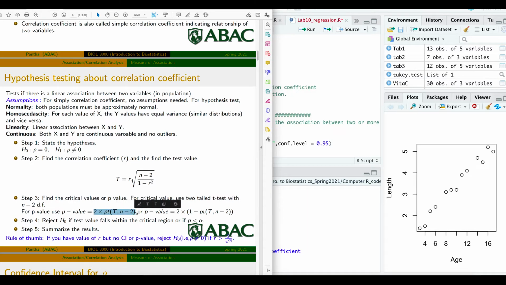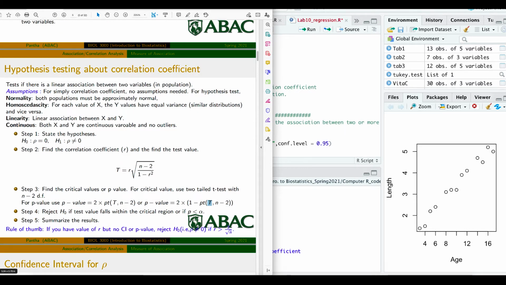If t is positive, then you will have to find the area right of the test value, right? So you need to do 2 times 1 minus pt, t comma n minus 2, where t is the test value from step number 2. And step number 4 is reject H0 if the test value falls within the critical region or if the p-value is less than alpha. And step number 5 is summarize the result.